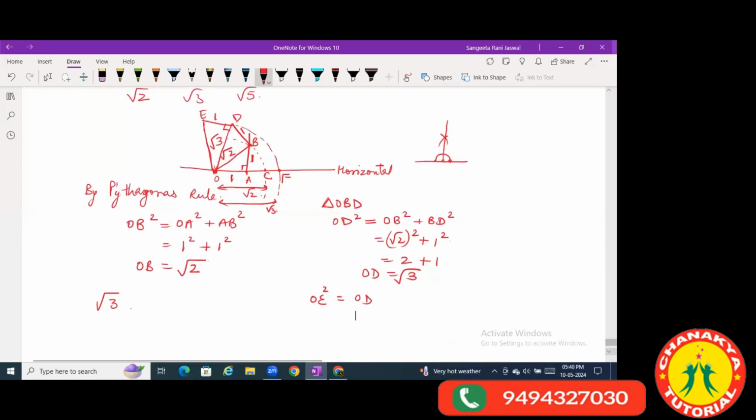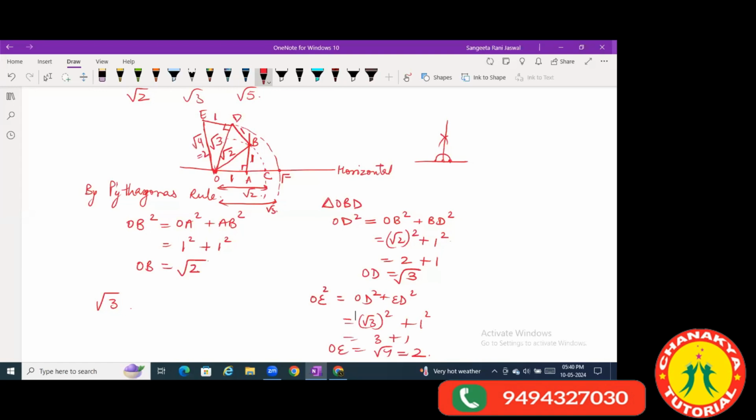OD is root over 3, so root over 3 square plus 1 square. This is 3 plus 1, that is root over 4. So OE is root over 4, and we all know that root over 4 is actually the number 2.